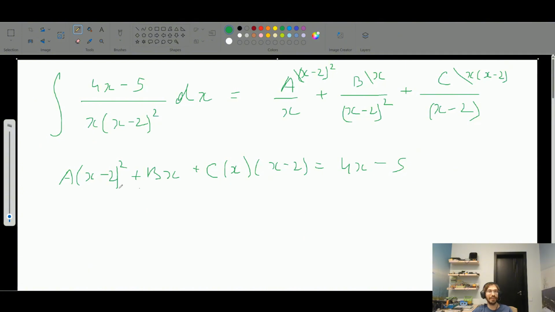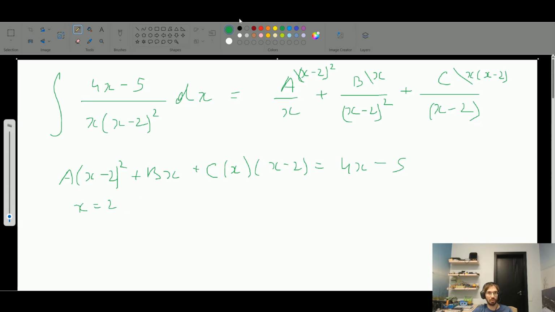And here we have 3 letters and only one equation. What to do with it? Thankfully the answer is not so difficult, and again, like in the previous case, we need to substitute such x that will make some of the terms 0. Here obviously x equals 2.